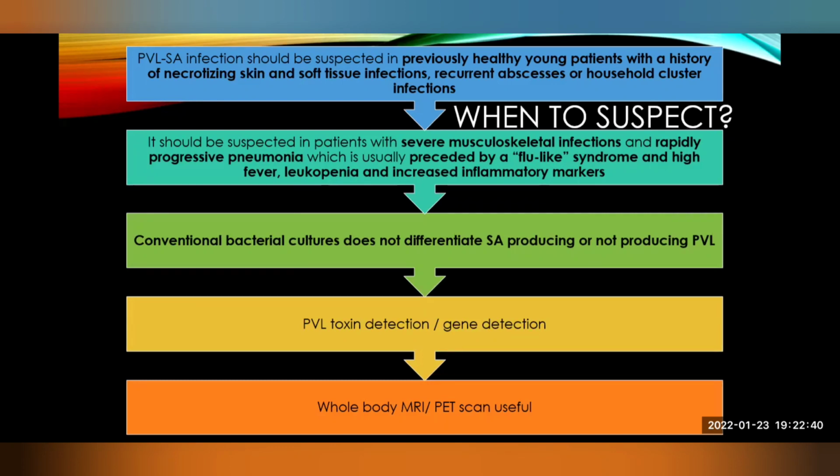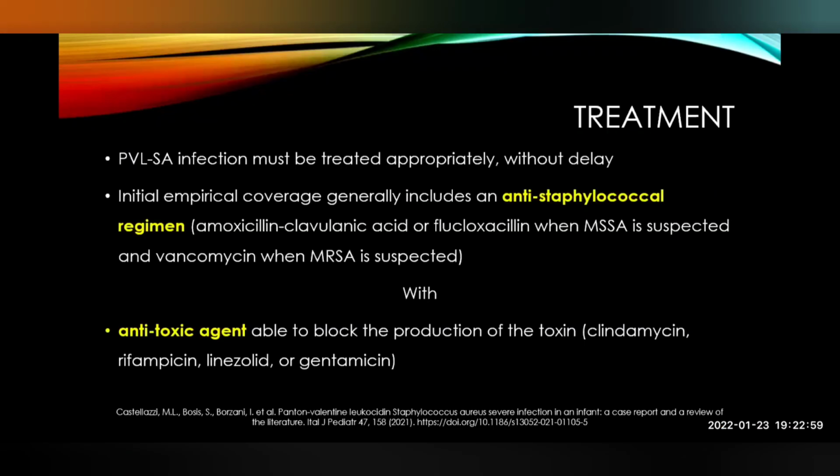If you can't detect the PVL toxin, at least you should have the suspicion in mind and subject the patient to whole body MRI or PET scan, where you'll be seeing multiple abscesses, necrotizing pneumonia.